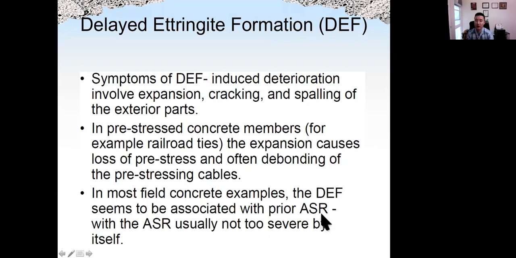Okay, ASR we know is alkali silica reaction. We discussed ASR in the first lecture of the durability series. So DEF seems to be associated with prior ASR, even though ASR may not be very severe. Okay, why is that the reason? We're going to talk about that in a moment.